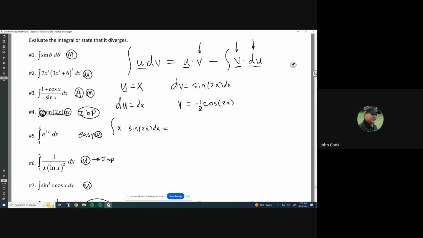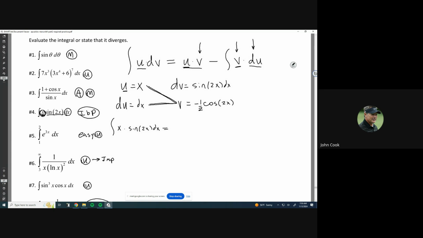Once you have it set up like this, u and du, dv and v, she says that to understand the integration by parts pattern, it makes a nose. So it goes u times v, v du. It makes a little nose right there. That's a way that you can remember it, because u times v is this part, v du is this part. Makes a little nose. I thought it's a cutesy little way of remembering the pattern if you're having trouble doing that.